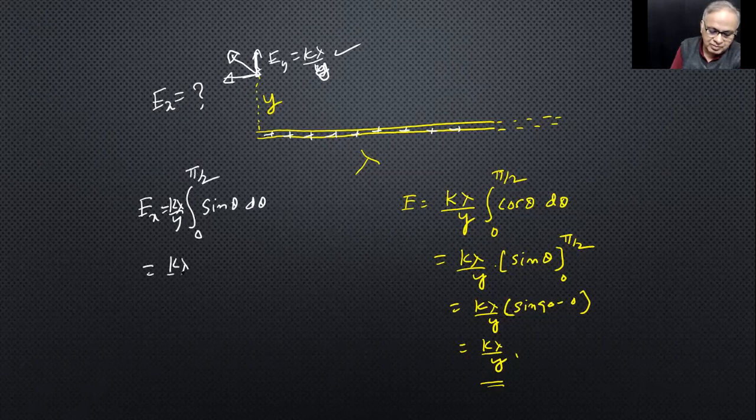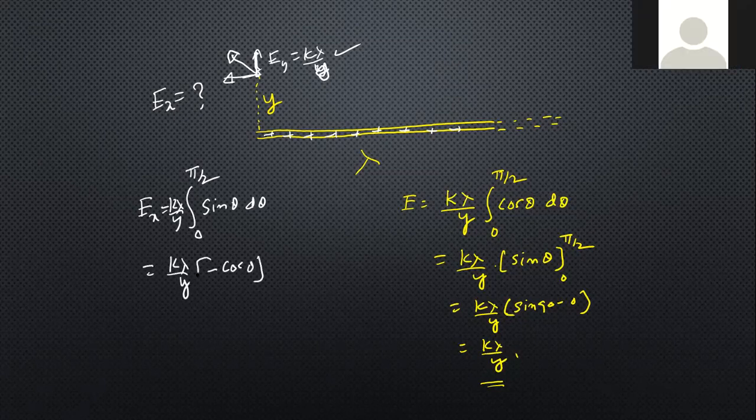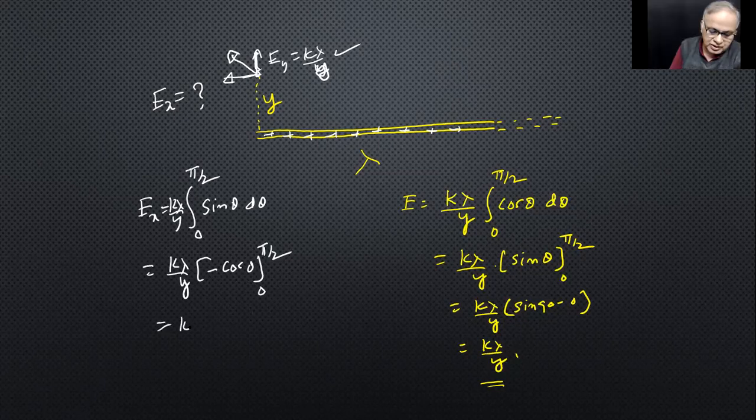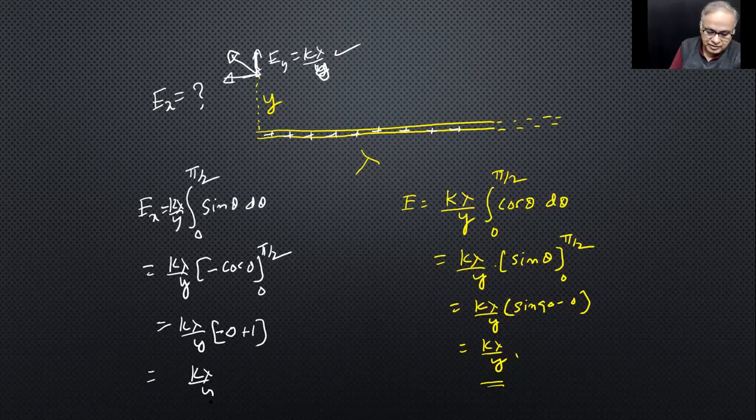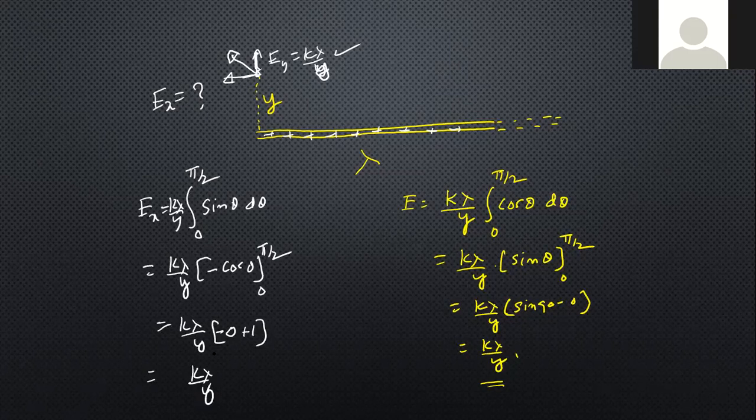So k lambda by y, minus cos theta from 0 to pi by 2. So what do I get? Minus cos 90, 0. Minus cos 0, plus 1. Isn't it? So it is k lambda by y again. So we'll get root 2 k lambda by y.